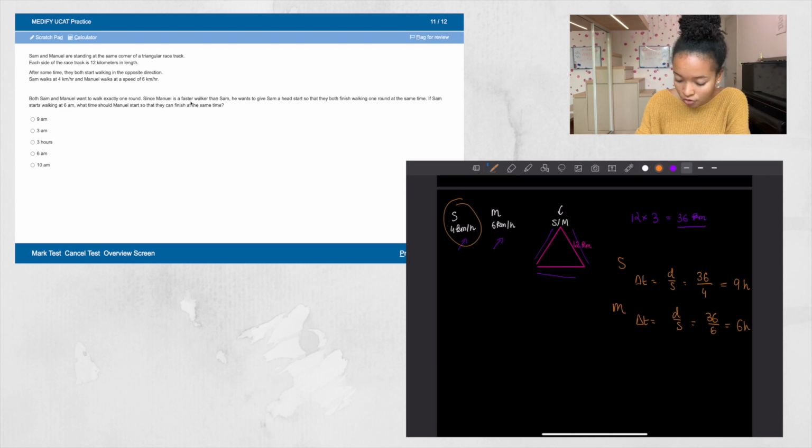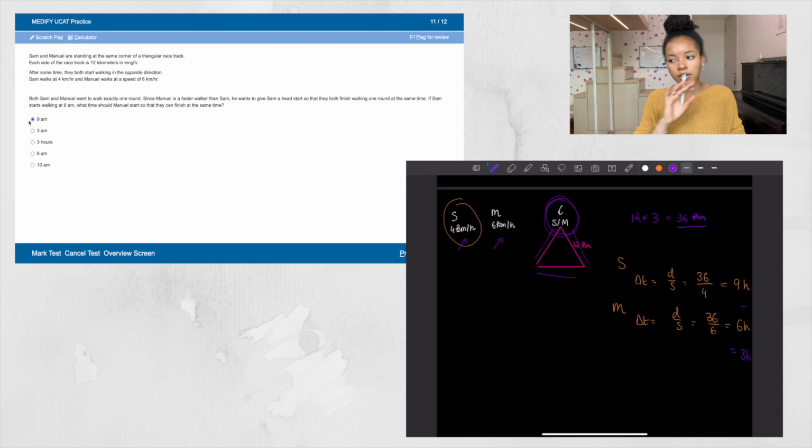So then we would just have to do 9 minus 6, which is equal to 3 hours, and we do 6 a.m. plus 3 hours, because Manuel is quicker and walks at a quicker pace than Sam, he would have to start after Sam so that they both arrive back to where they started at the same time. So that would be 9 a.m.